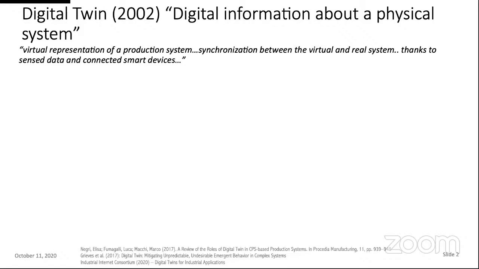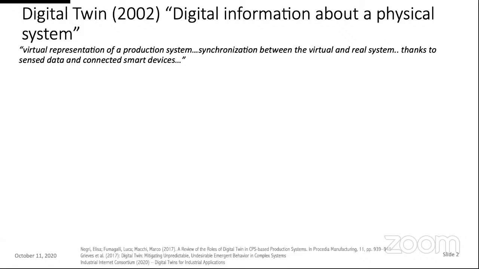Okay. So this term digital twin was first introduced sometime in 2002, and it basically said that it is a virtual representation of a production system, and very importantly, it ensures that there is a synchronization between the actual system and the virtual system. And this synchronization happens through the sensor data.